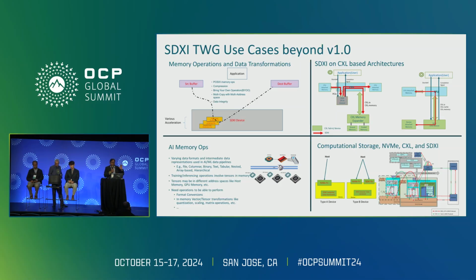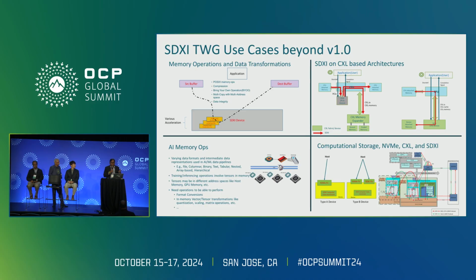All you need to do is point to a source memory and destination memory and define all the operations that you would do. For example, if you want to compress, if you want to encrypt, if you want to create a double copy, if you want to provide data integrity, CRCs out of the data movement happening. All of that is going to be part of the standard, and this framework allows for it.